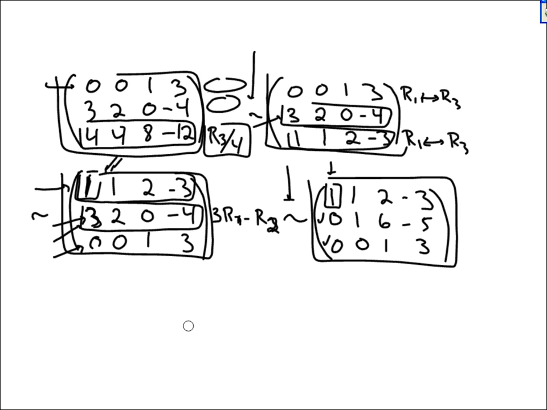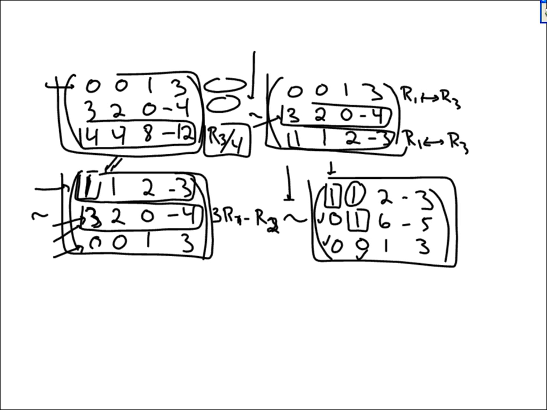I wouldn't want it to be a fraction. If you're starting off with row 2 having fractions, multiply through by a number that will kill off all the fractions. Okay, row 2, that's my first non-zero entry, and I want what's below it to be 0, and it is, and what's above it to be 0, which it isn't.